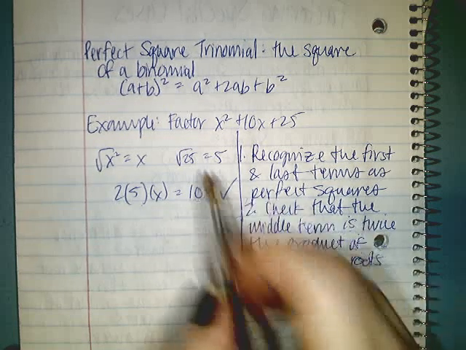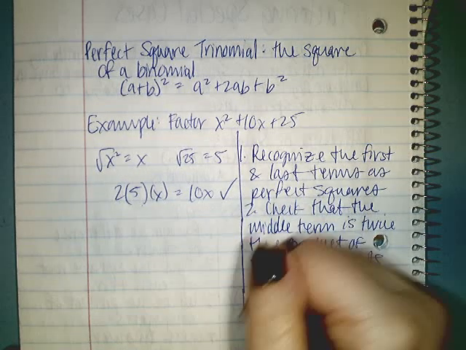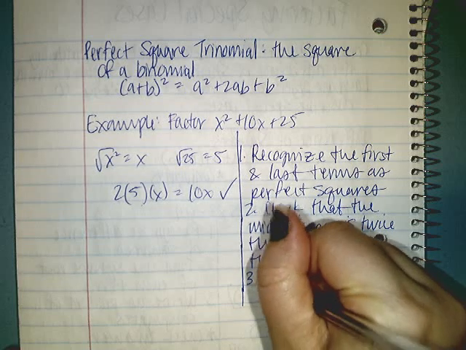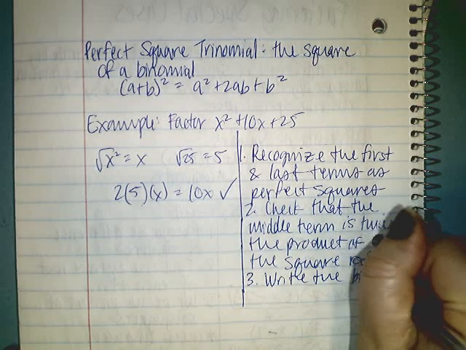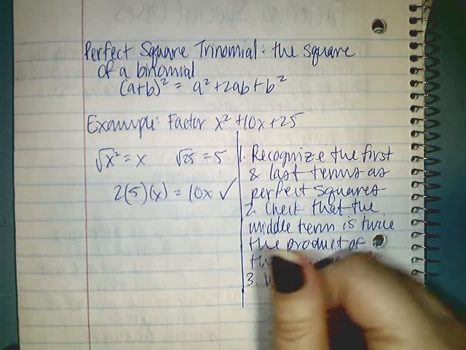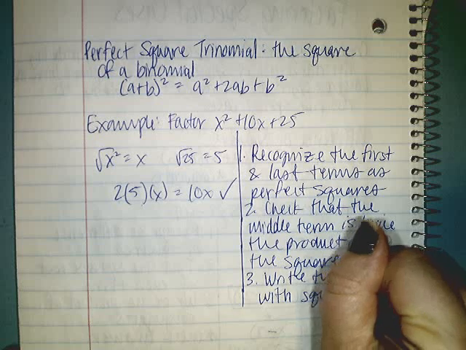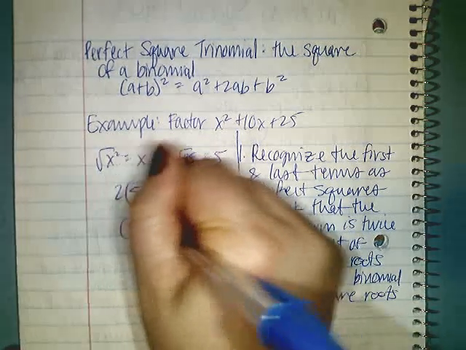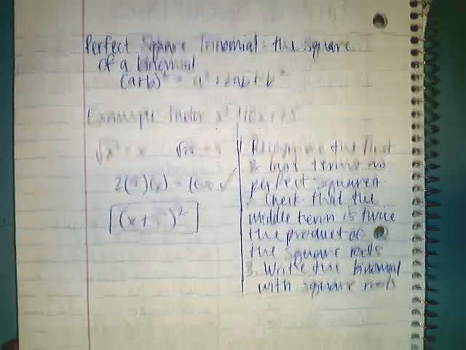And then I'm just going to rewrite this as my square roots added and squared, the binomial with the square roots. So this would just be x plus 5 squared.